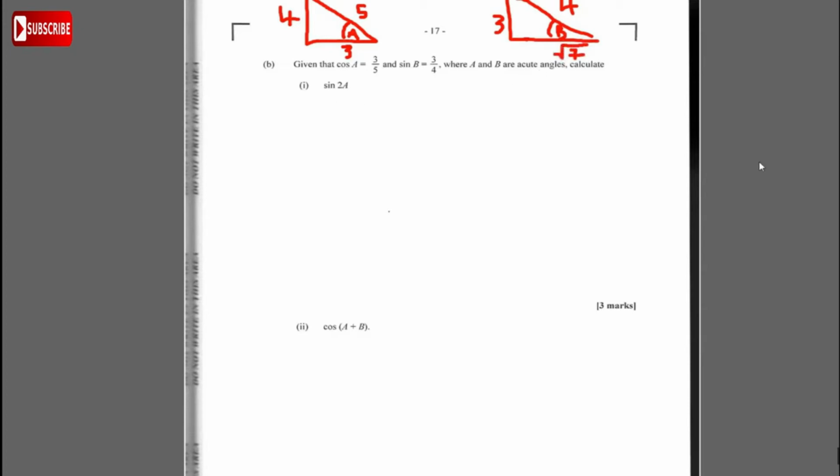So what's sine 2A? Sine 2A, we have to remember, is equal to 2 sine A cos A. That's the easiest formula to remember. Sine 2A is 2 sine A times the cosine of A. And so sine 2A works out to be 2 times, what is sine A?